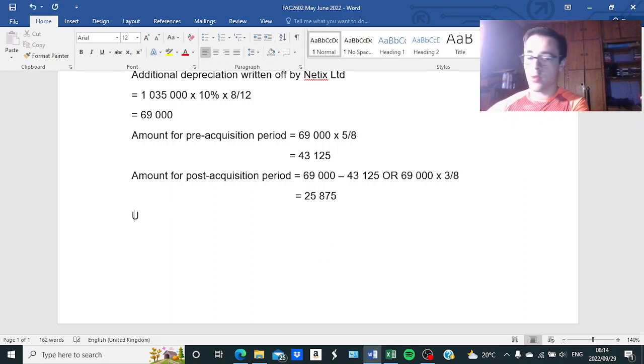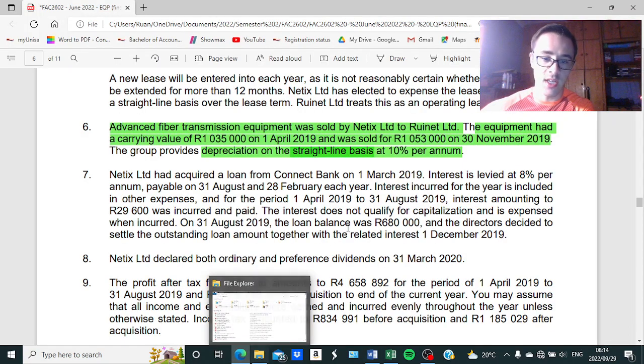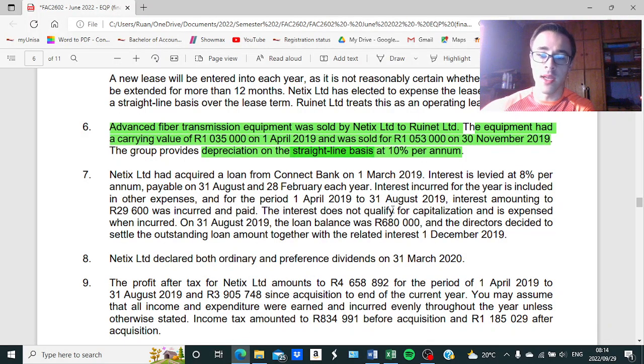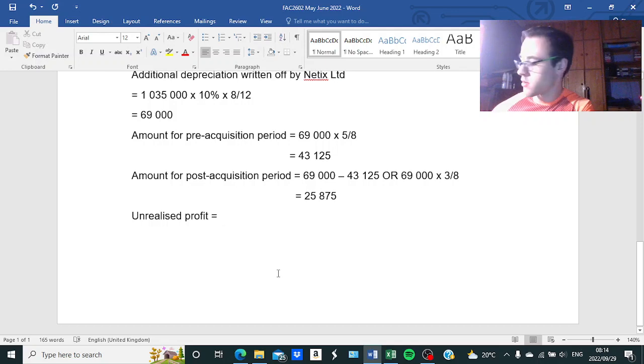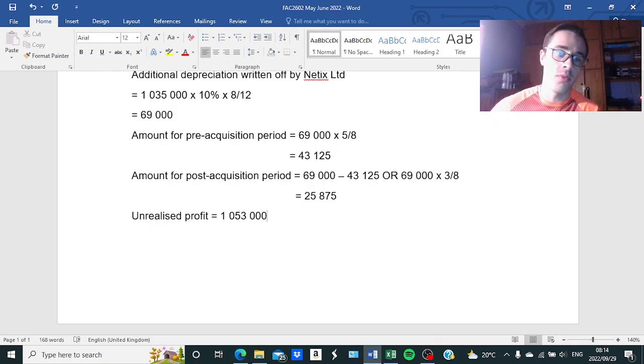The unrealized profit is calculated by taking the selling value of the equipment, which was 1,053,000, because that was the amount paid by Runet Limited. Netix Limited sold the equipment to Runet Limited.